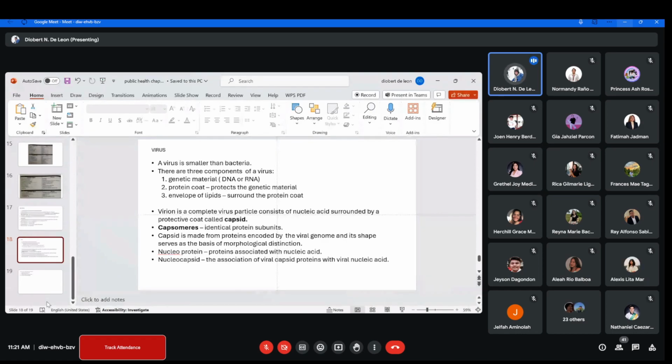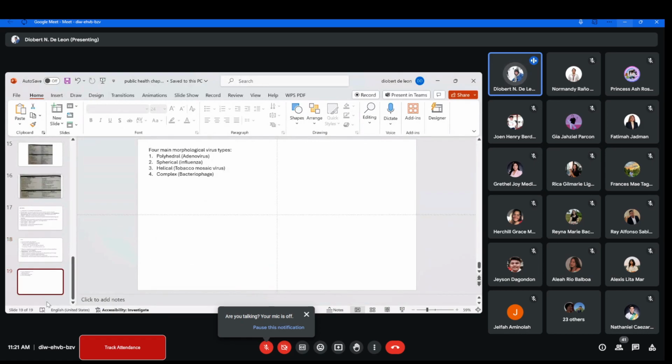Proteins associated with nucleic acid are known as nucleocapsid. And there are four main morphological virus types. Number one, we have the polyhedral, okay, the spherical, helical, and complex. Okay, so all of the adenoviruses, no, are polyhedral in shape.